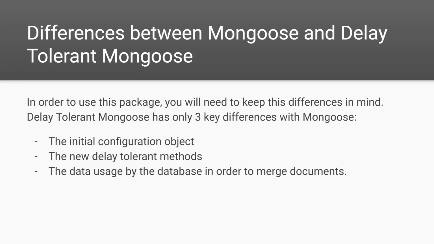For example, it requires a configuration object in order to work. And obviously it has the new delay-tolerant networks. Another difference is the data usage of delay-tolerant Mongoose. It uses a lot more data because it needs to have a file history for every file you save on the database. We will see more of that later.